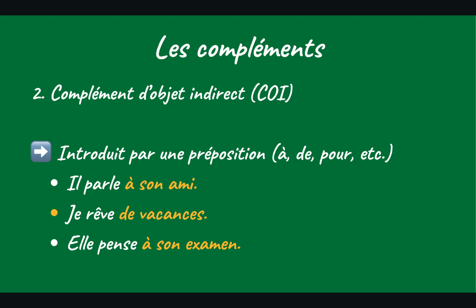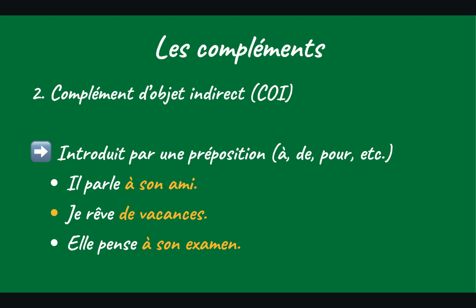So let's have a look at the first sentence. Il parle à son ami. It will not be il parle quoi. It doesn't work. But if I ask il parle à qui? Here it's à qui because it's a man, it's his friend. Il parle à qui? À son ami is the answer. So it's a COI.